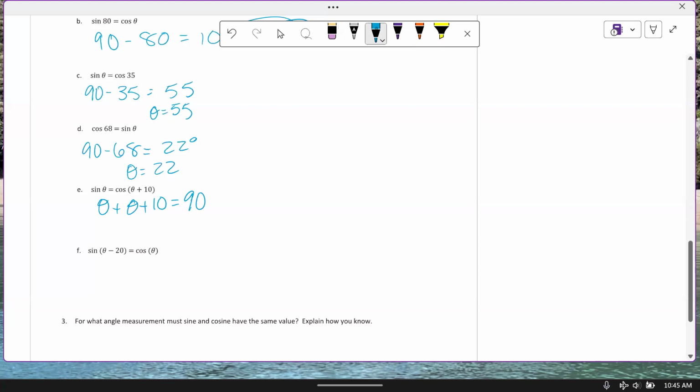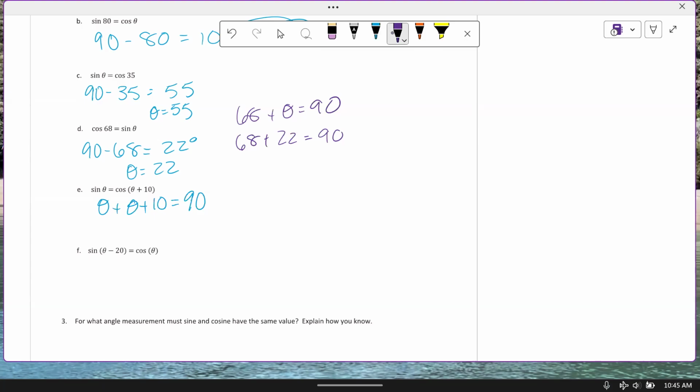It's the same thing we were doing here. If we rewrote all this, that would be 68 plus 22 equals 90, right? Or we were doing 68 plus theta equals 90, and then we solve for theta by subtracting the 68. Same principle: add them together, they get 90 degrees.